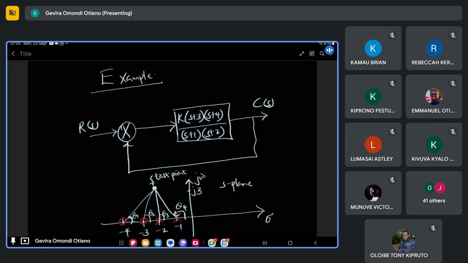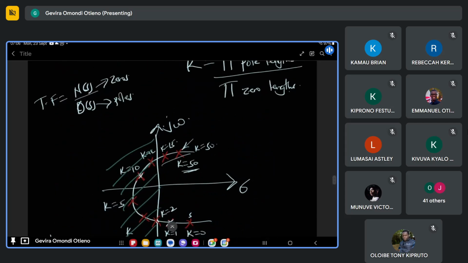Now, remember, we were talking about how we are able to test whether any point that we are given on the S-plane lies on a root locus. And we agreed that there are two fundamental conditions that any point must meet for us to qualify it as lying on the root locus. The first condition was the angle condition.